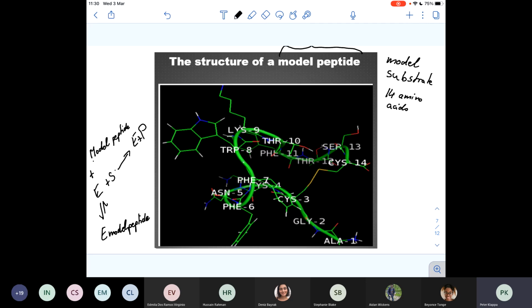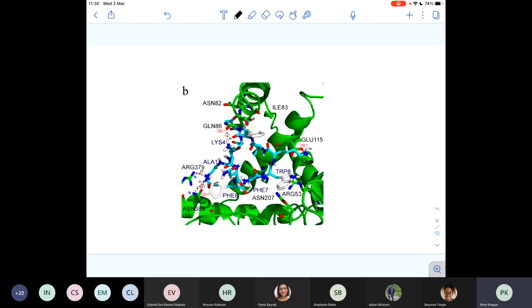And we looked at this model peptide. As I said, it's 14 amino acids long, so it's not terribly complicated. But we discovered that it needs to be sort of twisted. And you see this twist here with some residues sticking out. We looked at it, and we could model this peptide and say, right, what does it look like when it actually binds?